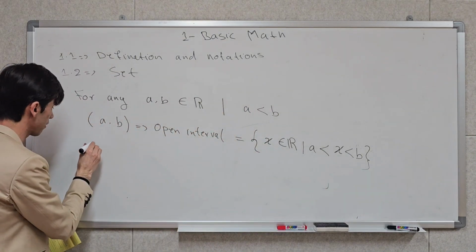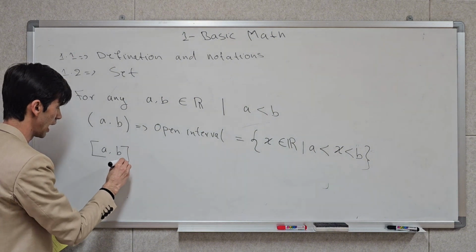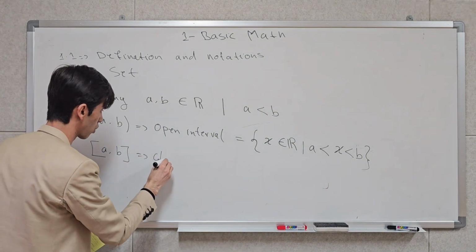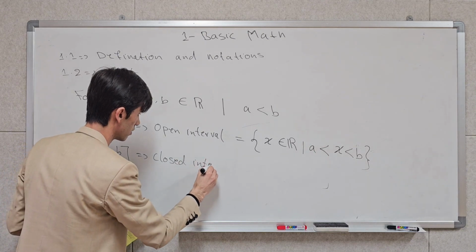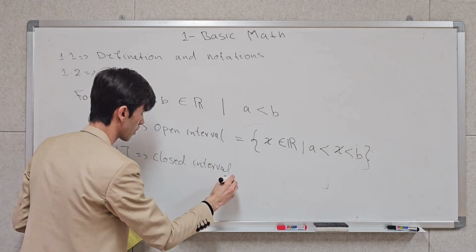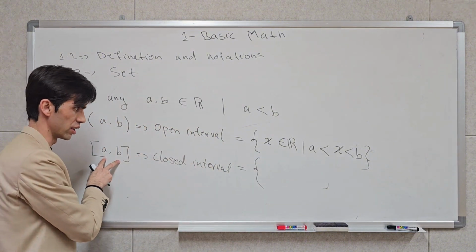And also when we have this notation, A and B is called a closed interval. A closed interval includes both of the boundaries.